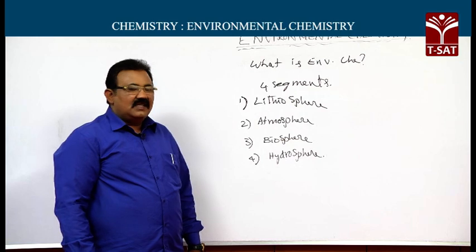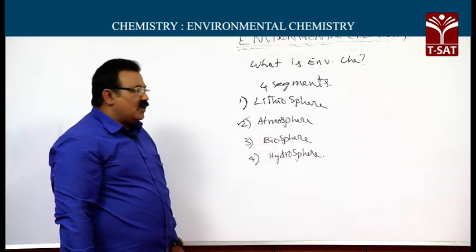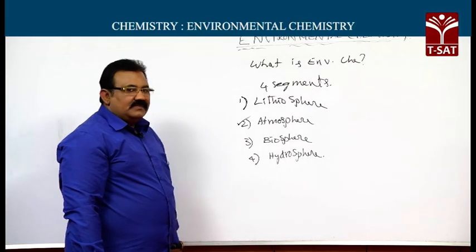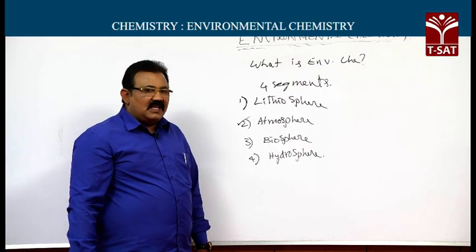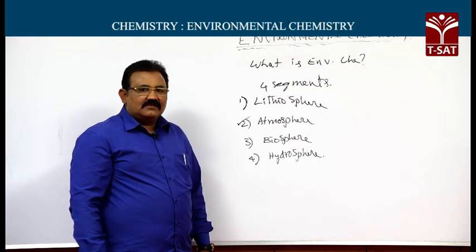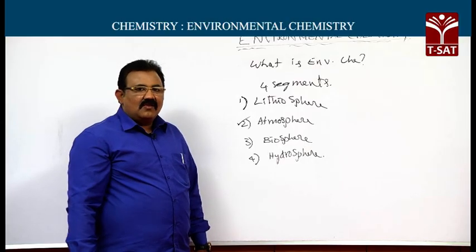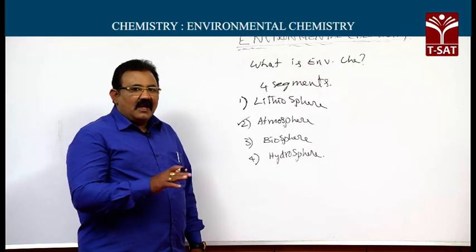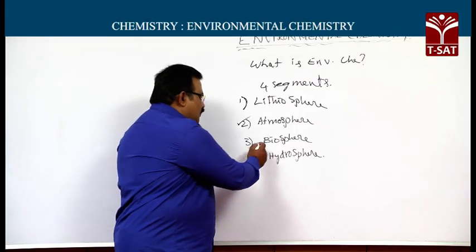That's why it is a very important part of our environment. Biosphere: all the living things, whether present in water or on the earth, plants and water animals, belong to this biosphere.